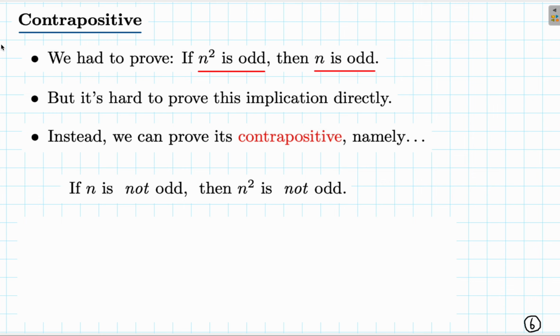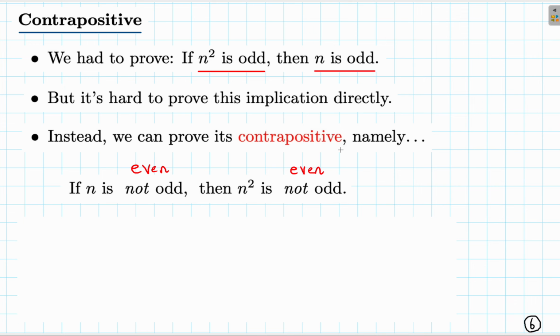Now, perhaps we can restate that as if n is, well, not odd, another way of saying that is even, then n squared is even. So we have this new statement, if n is even, then n squared is even.